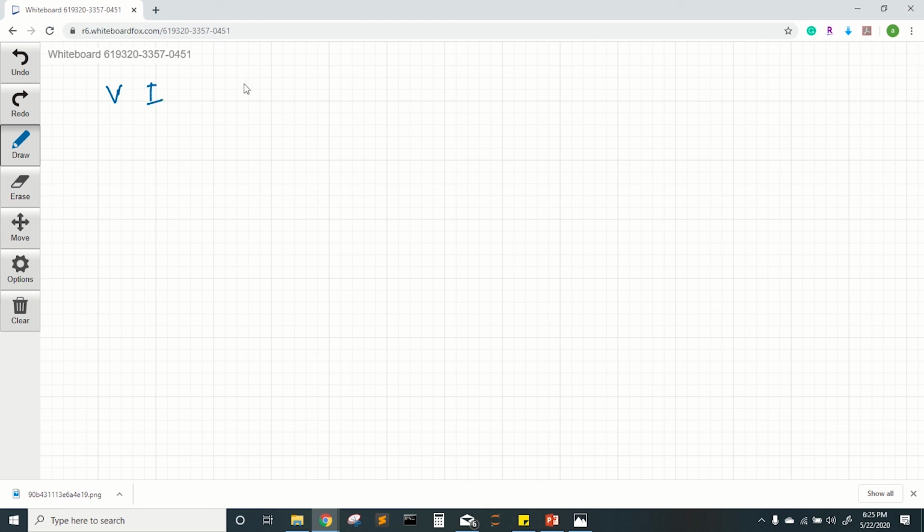If we want to multiply those two terms, we multiply V angle theta 1 with I angle theta 2, then it will be V times I at angle theta 1 plus theta 2.